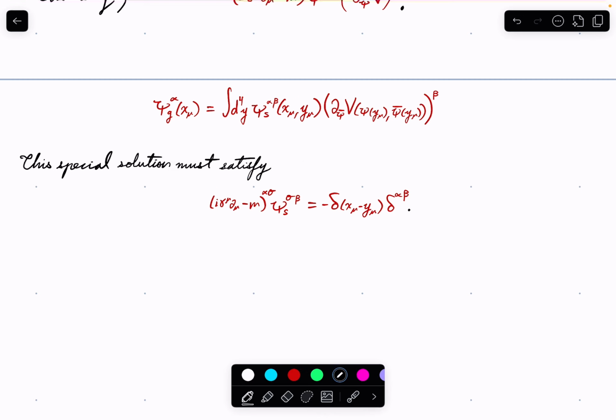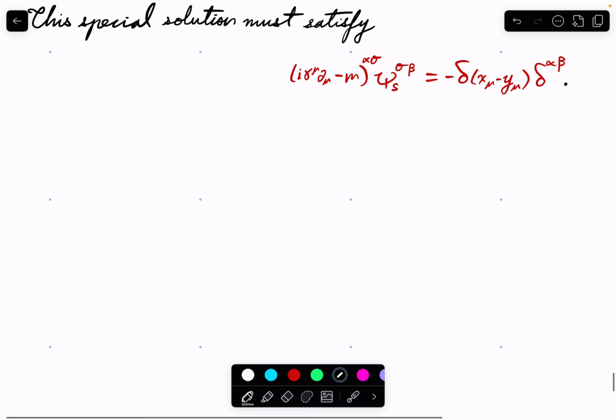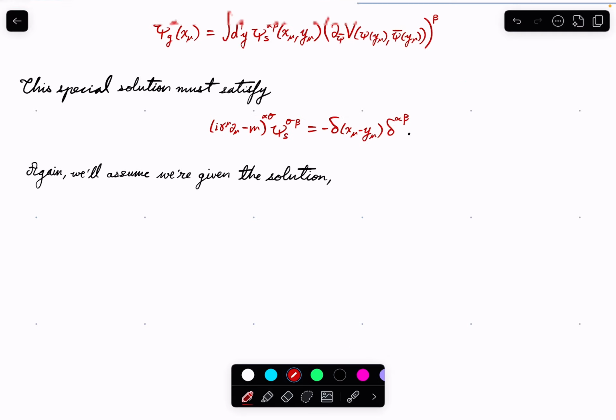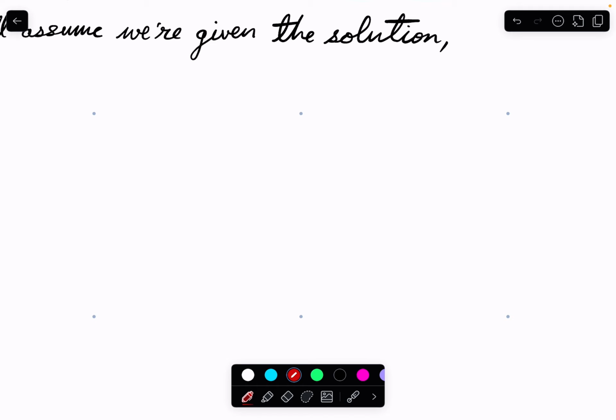And again, we will assume we are given the solution, because the mathematics of actually solving for this are beyond us.